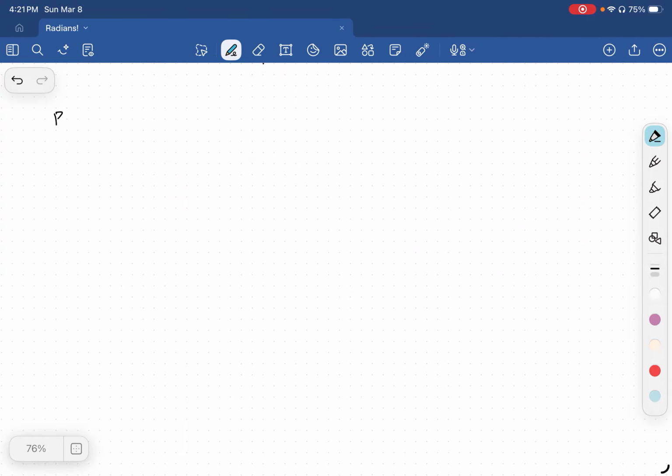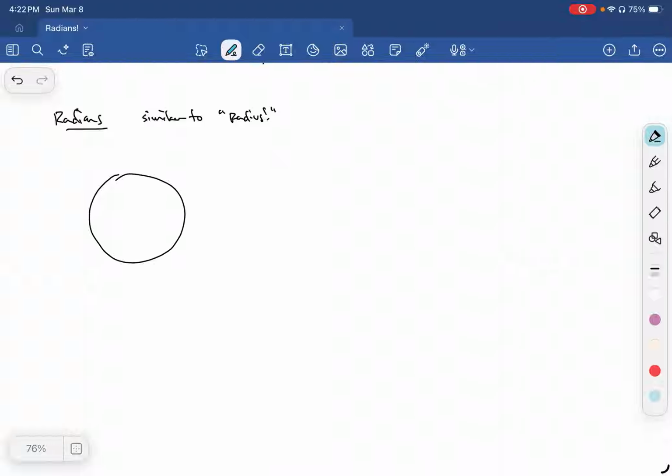So radians. Now you'll notice that this word is very similar to radius. So there's a relationship there. Okay, so let's take a circle and let's draw the radius here and call it r.